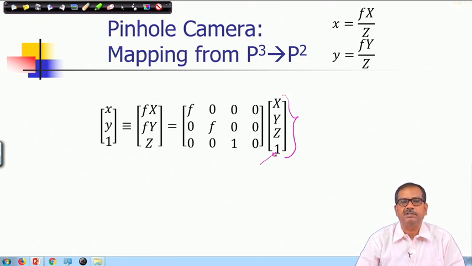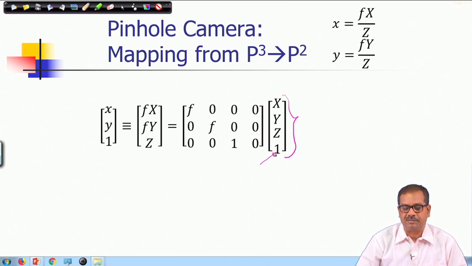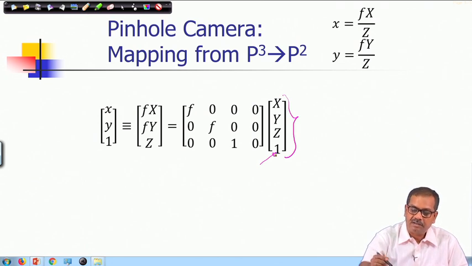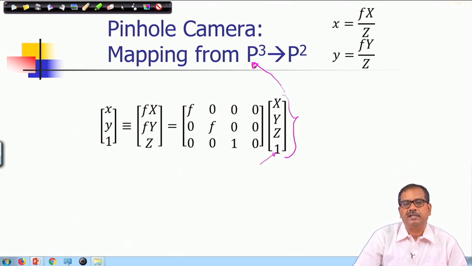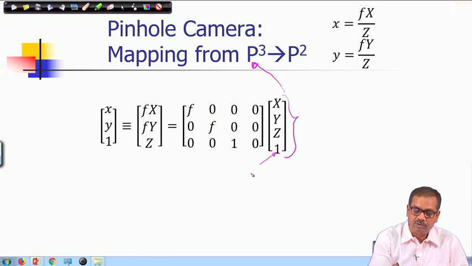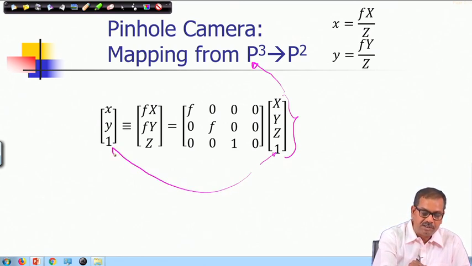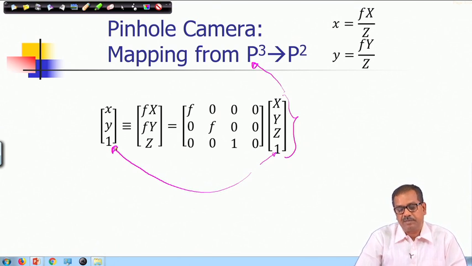So, it is a 3-dimensional projective space, that is how we can call it, P 3. And this point is mapped to a 2-dimensional image point, a point in the 2-dimensional projective space, which is given by x y 1, where 1 is a scale factor.